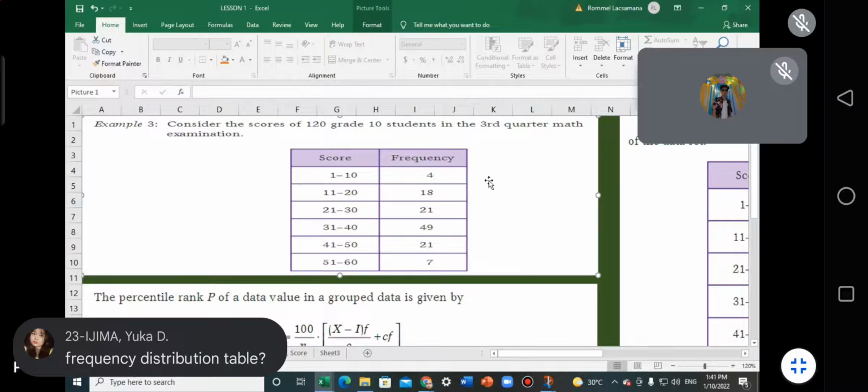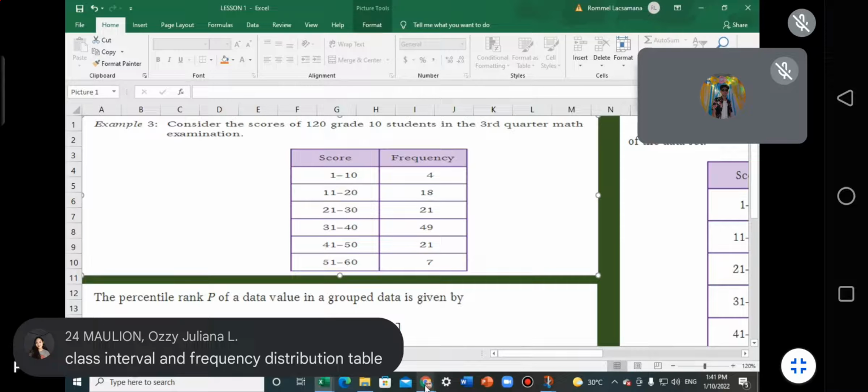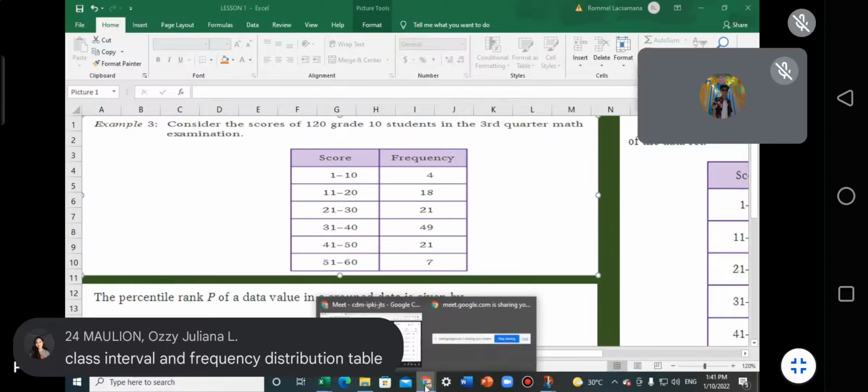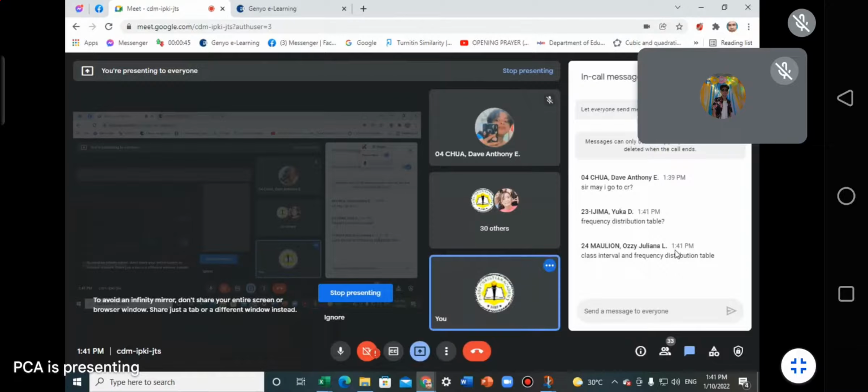But this is the table. This is more organized. Very good. Let's have Yuka answer. Okay, so it is a frequency distribution table.